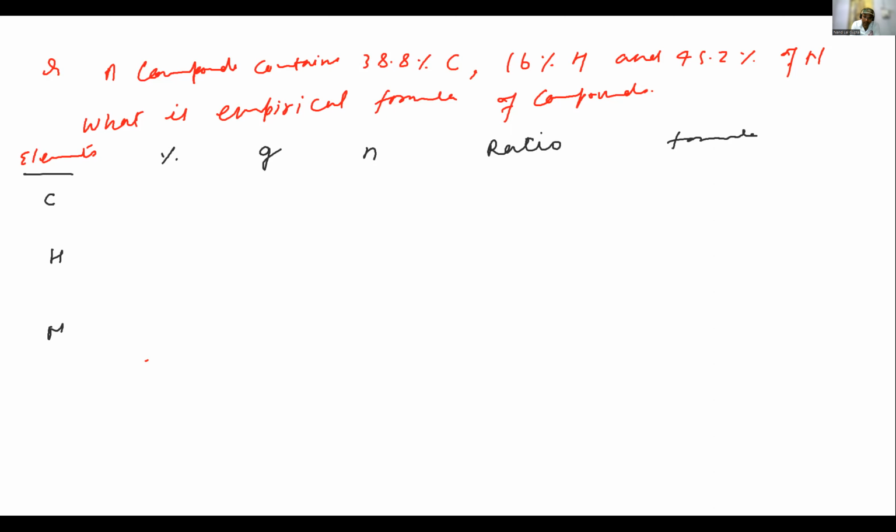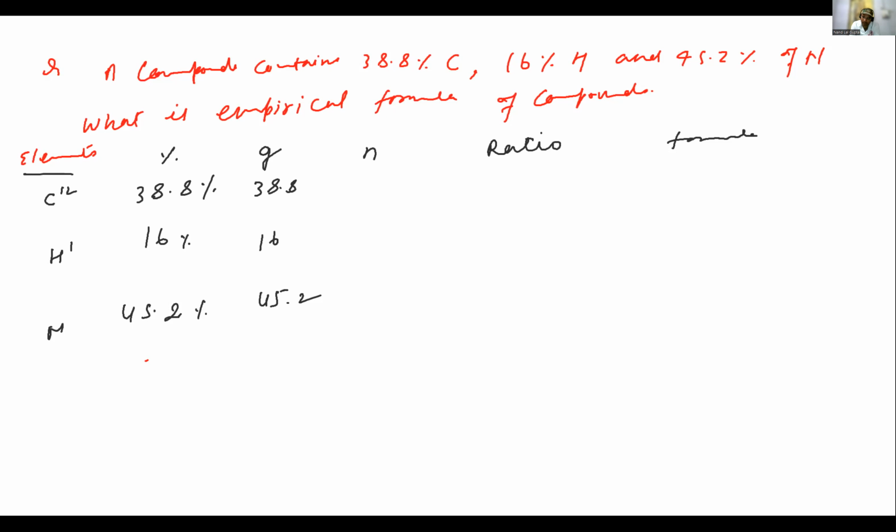Carbon is 38.8, hydrogen 16%, nitrogen 45.2%. They are given in percentage. Now the grams are the same: 38.8, 16, 45.2. For moles, carbon atomic mass is 12, hydrogen 1, and nitrogen 14.